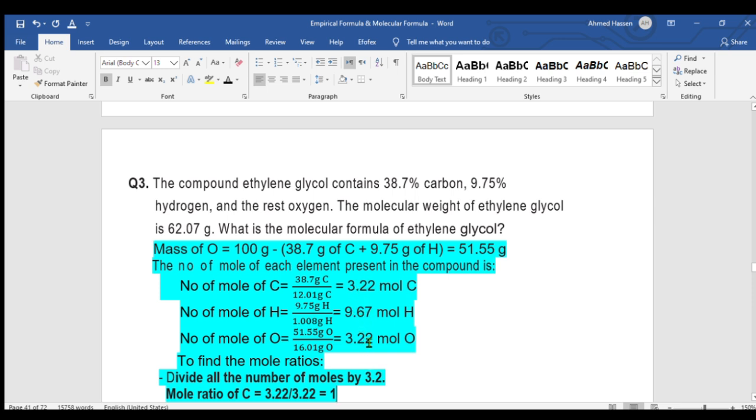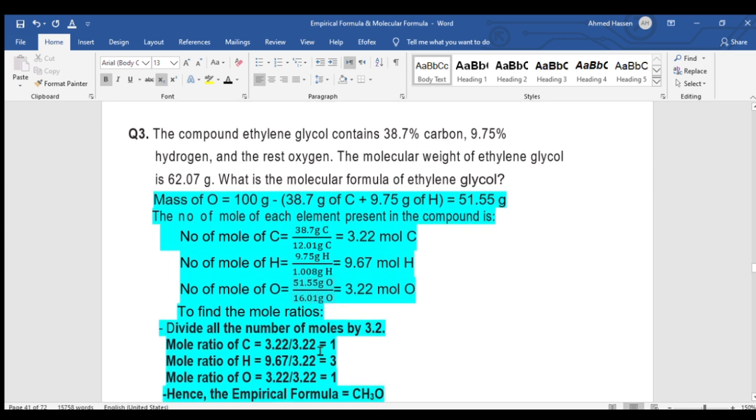This one becomes 1. This is 1, 3, 1, which means the empirical formula of the compound, which is composed of carbon, hydrogen, and oxygen, is carbon 1, hydrogen 3, and oxygen 1.